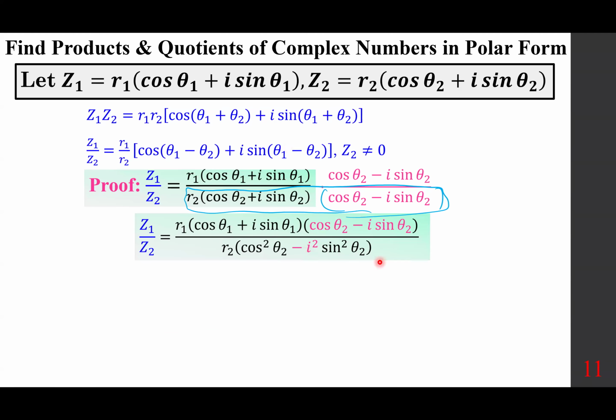So this one is minus I squared sine squared theta 2. These two just distribute. We are going to distribute it. I wanted to show you the denominator first. We are going to distribute this in a moment. So again, let me discuss the denominator first.